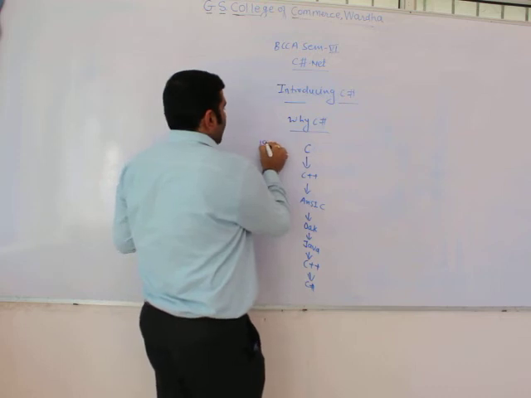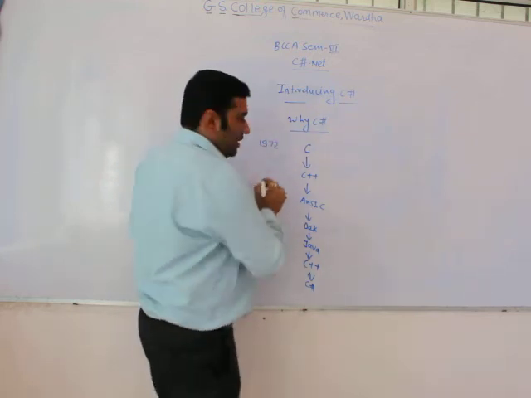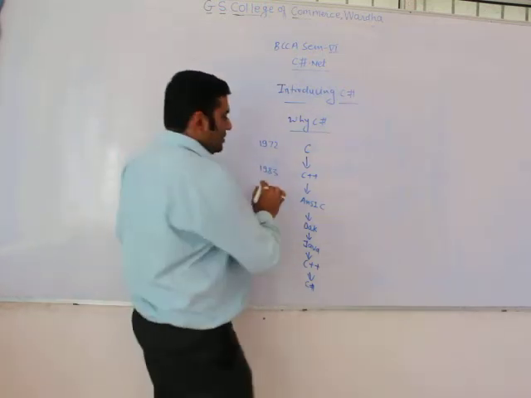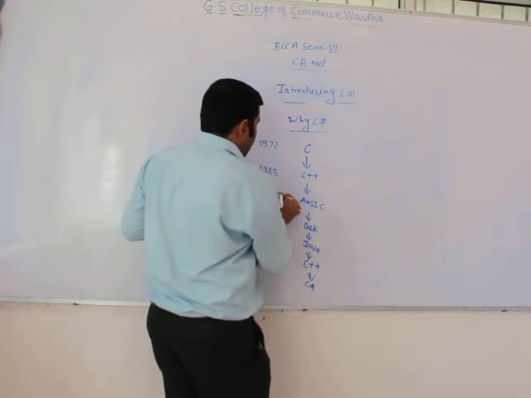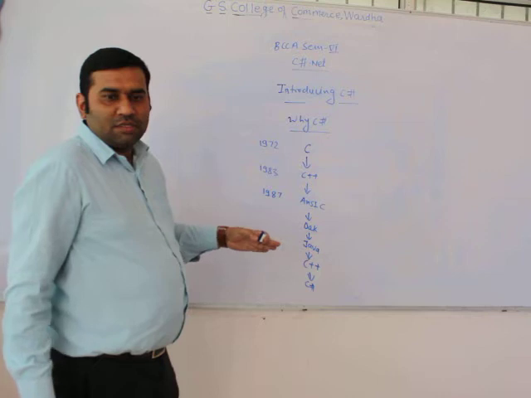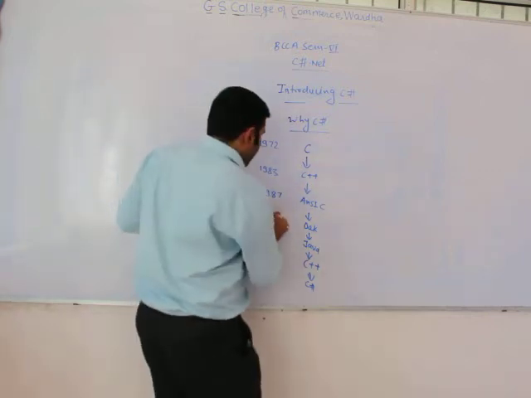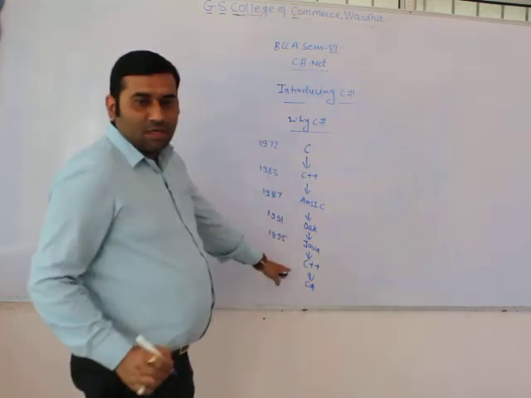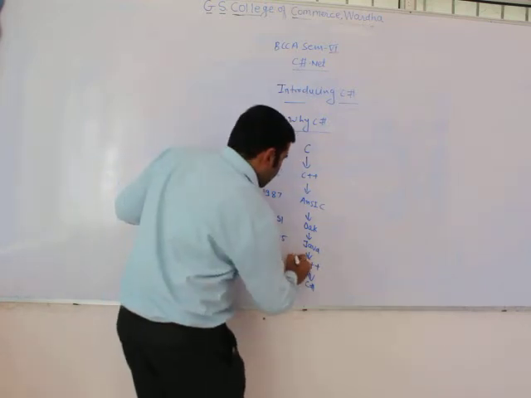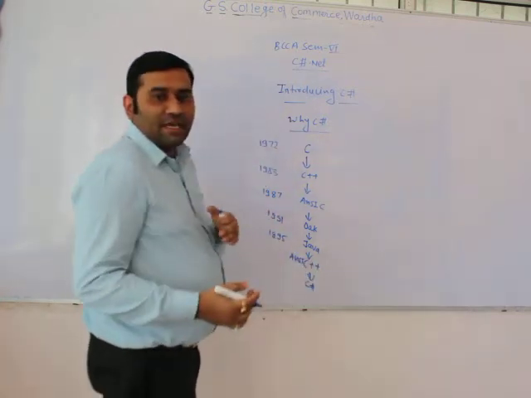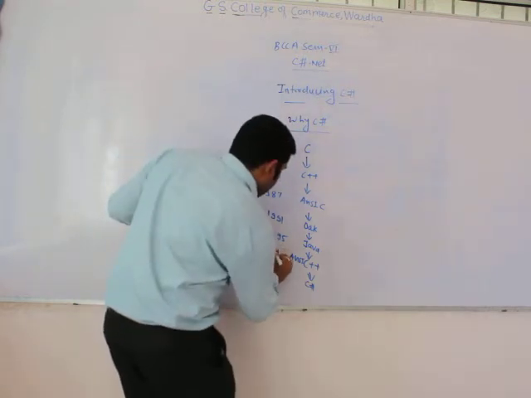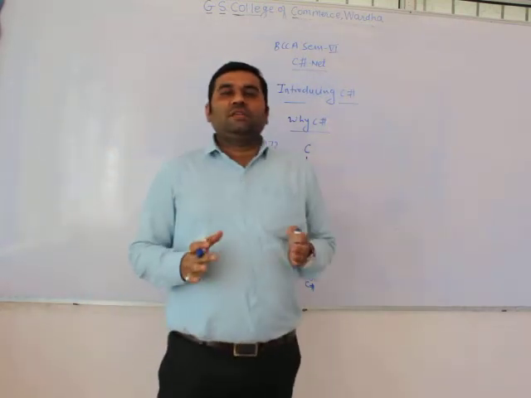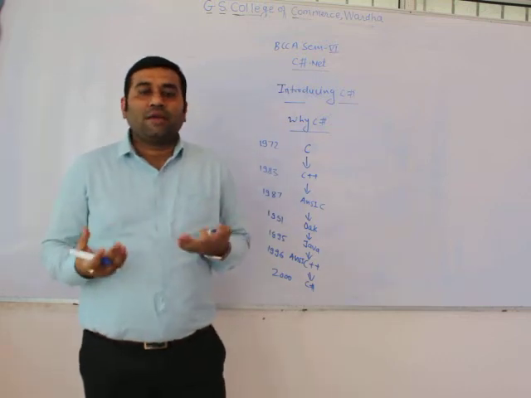C in 1972, C++ in 1983, then the ANSI committee invented new versions of C, then Oak in 1991, Java in 1995, ANSI C++ in 1996, and in 2000 C# was developed by Microsoft.